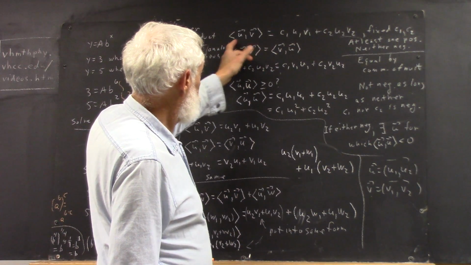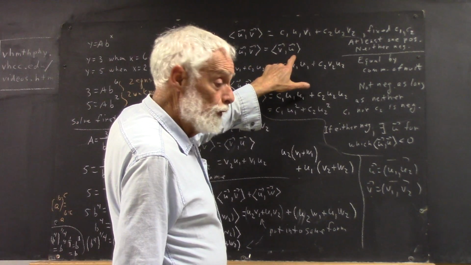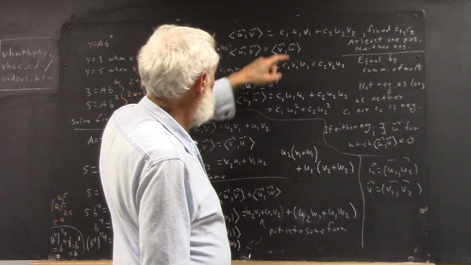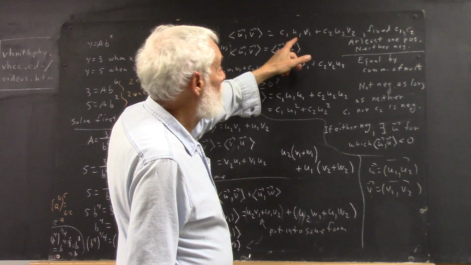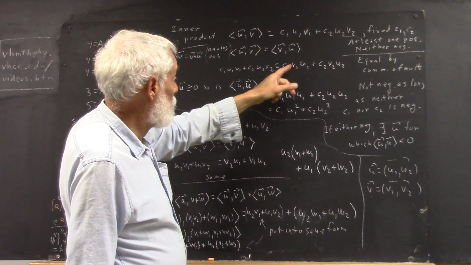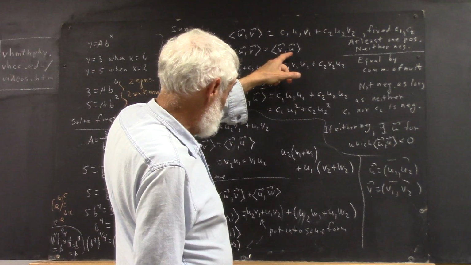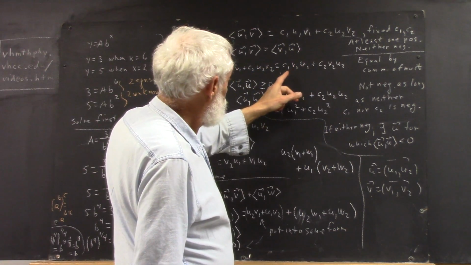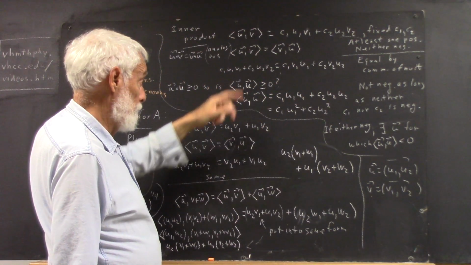The inner product of U and V is just what we wrote up here, so here it is again. The inner product of V and U, however, has V and U in the opposite order. So now, we multiply C1 by the first component of the first vector. The first vector is now V, so it's C1 times V1, and then times the first component of the second vector, which is now U. So we get C1 V1 U1 instead of C1 U1 V1.